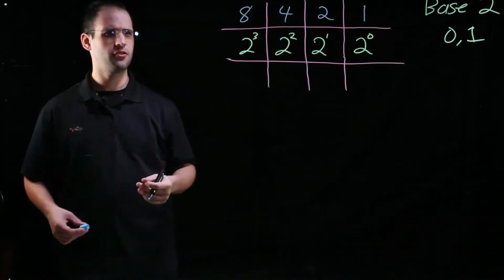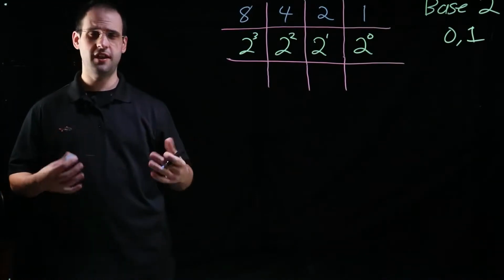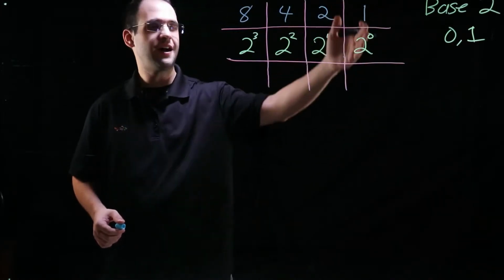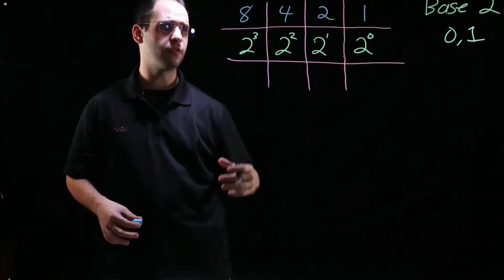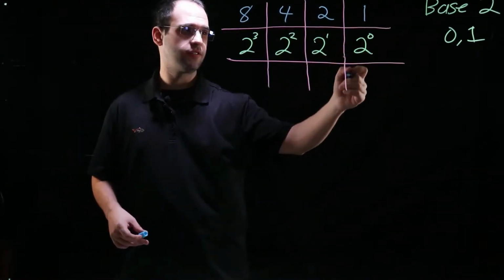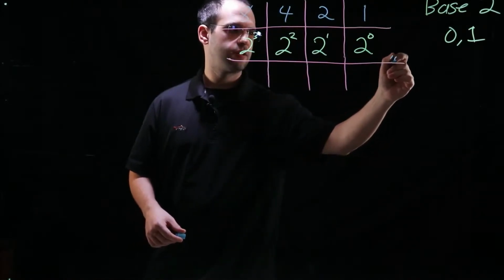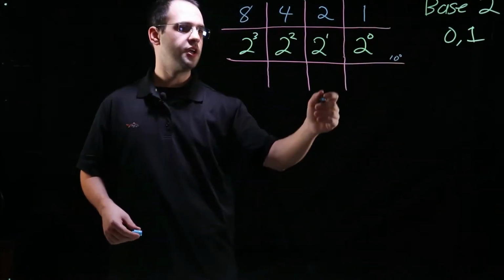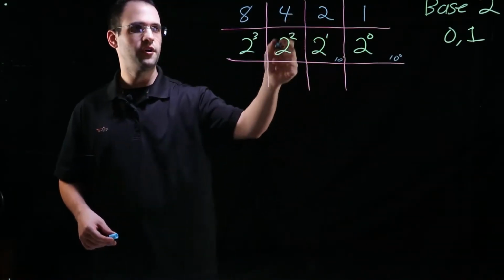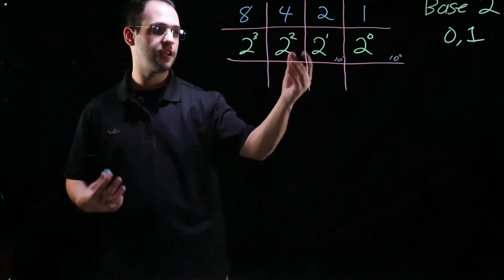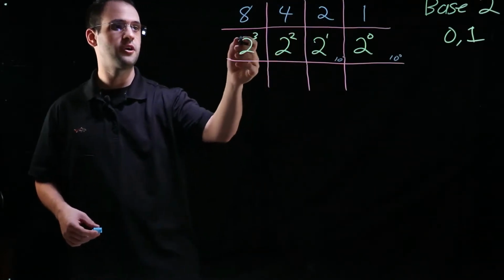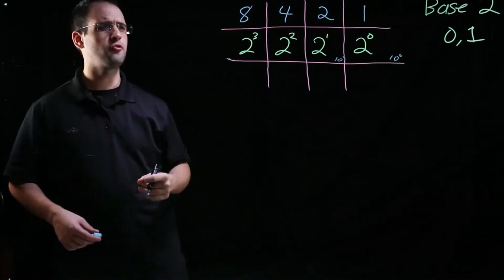Not perfect like our base 10 system, but we now know that any value in this column has a decimal equivalent of 1. Just as before, 10 raised to the 0th power is still 1, and 10 to the 1st was 10, 100, 1,000, and so on. But now, in base 2, 2 to the 1st is 2, 2 to the 2nd is 4, 2 to the 3rd is 8, and so on down the list.